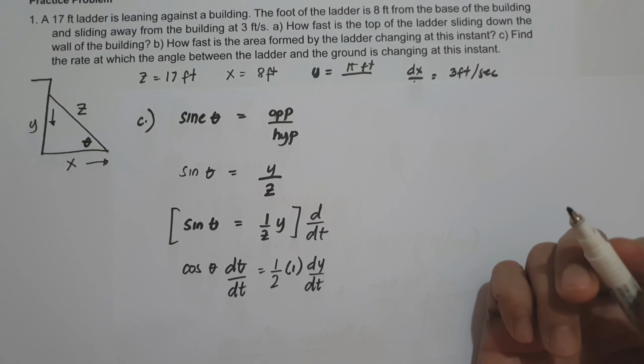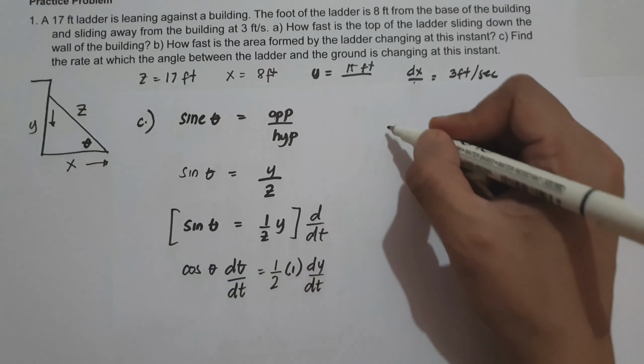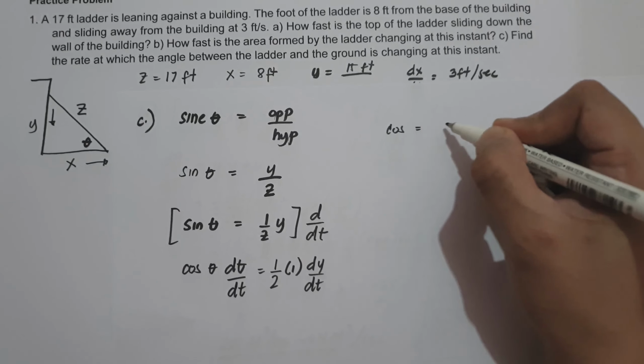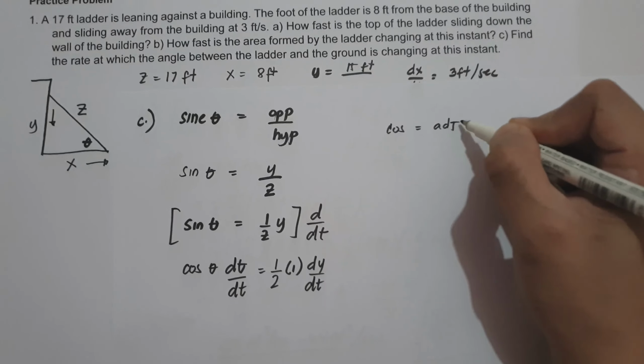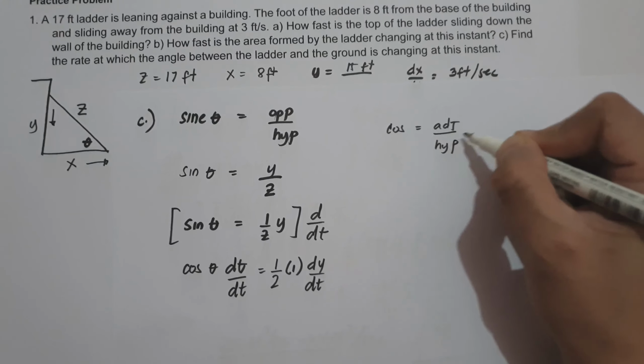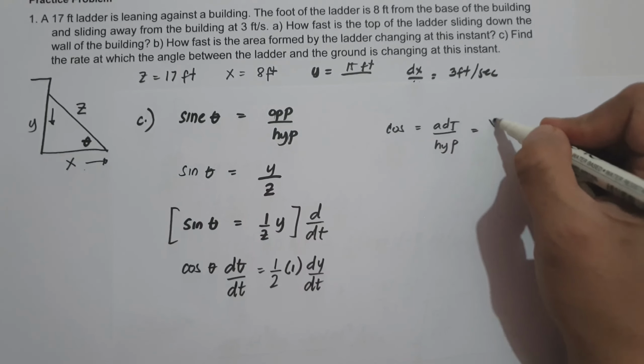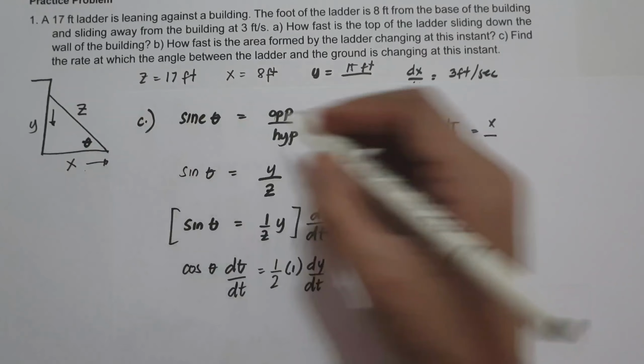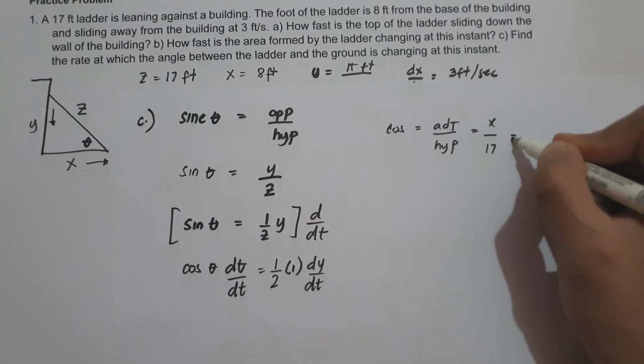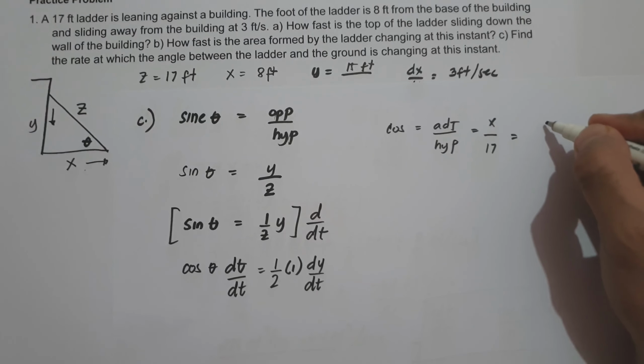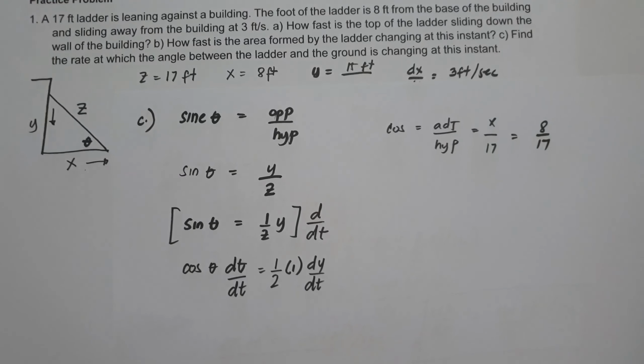So let us substitute the given. Cosine is adjacent over hypotenuse. The adjacent side will be x, the hypotenuse will be 17. So therefore, cosine will be 8 over 17.